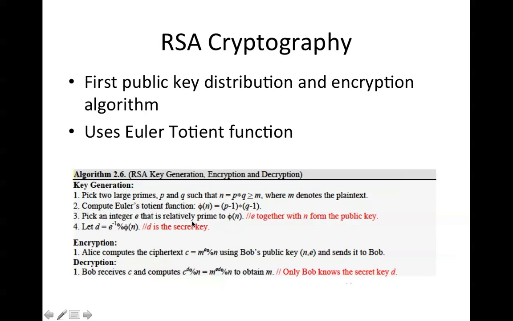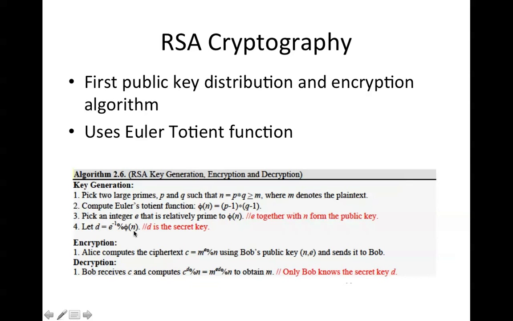You pick an integer E that is relatively prime to the totient of N. Then you can compute the inverse of E mod the totient of N. Since E and the totient of N are relatively prime, their greatest common divisor is equal to 1, so there is a number D which, when you multiply it with E, will give you 1 mod the totient of N. That is a number theoretic result, which we also covered when I did some of the basic concepts in computer arithmetic.